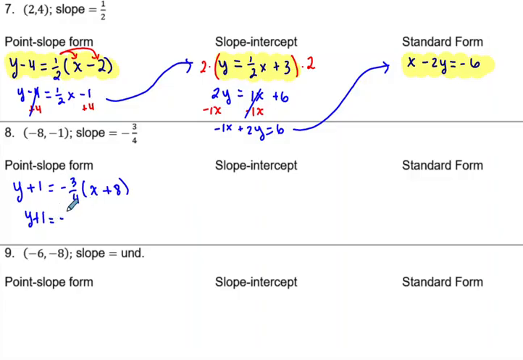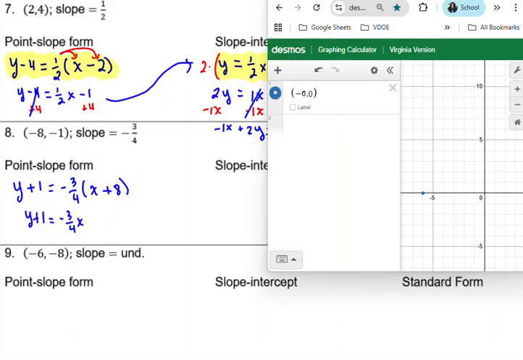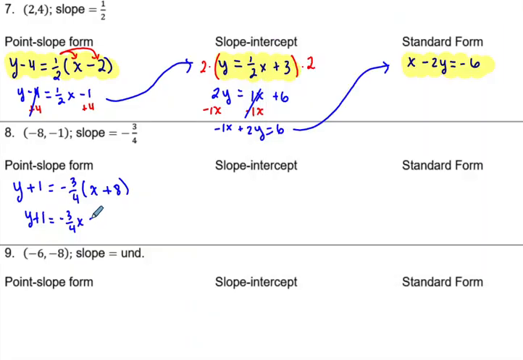-3/4 times x is just -3/4 x. -3/4 times 8 is going to be, I'll go ahead and put that in decimals. So -3/4 times 8 is going to be -6.